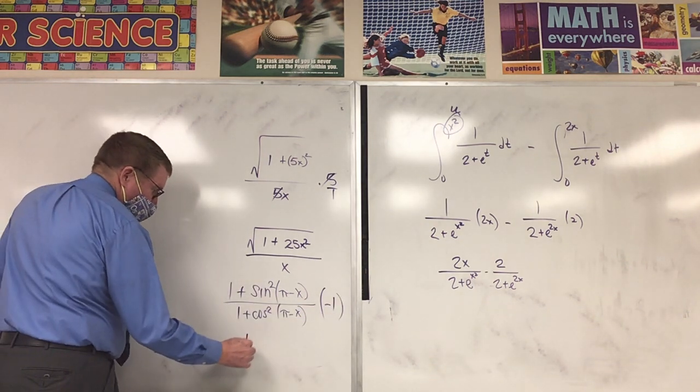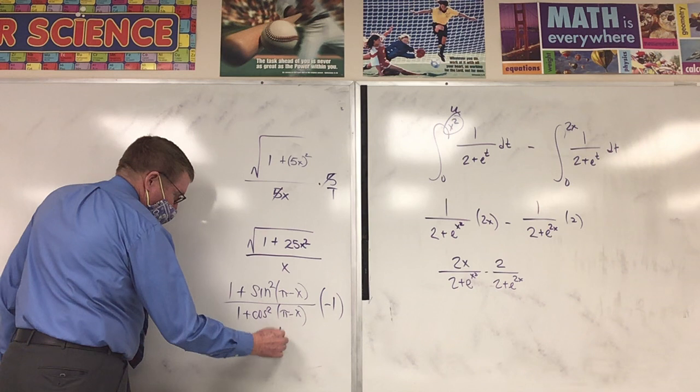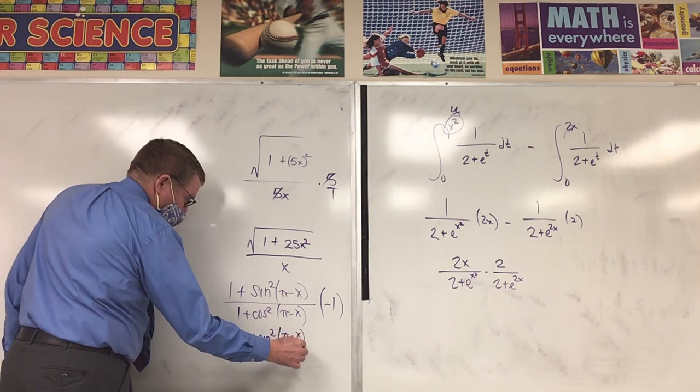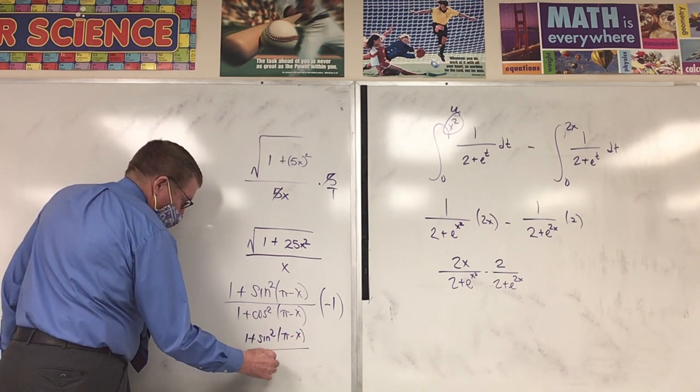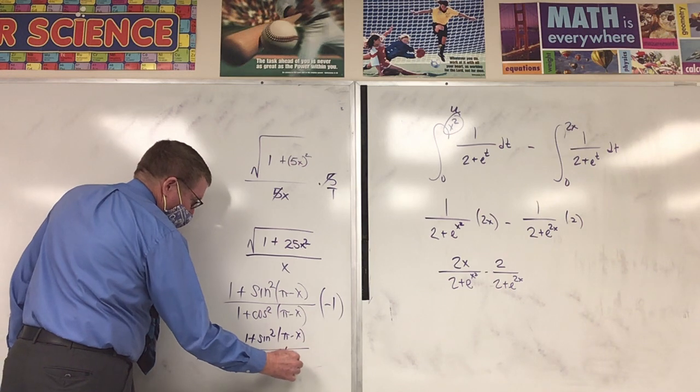That would be negative 1 plus sine squared of pi minus x over 1 plus cosine squared of pi minus x, correct?